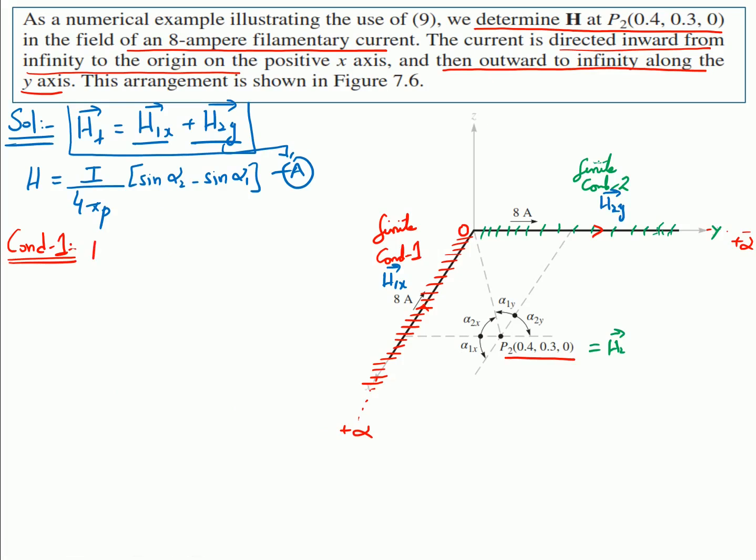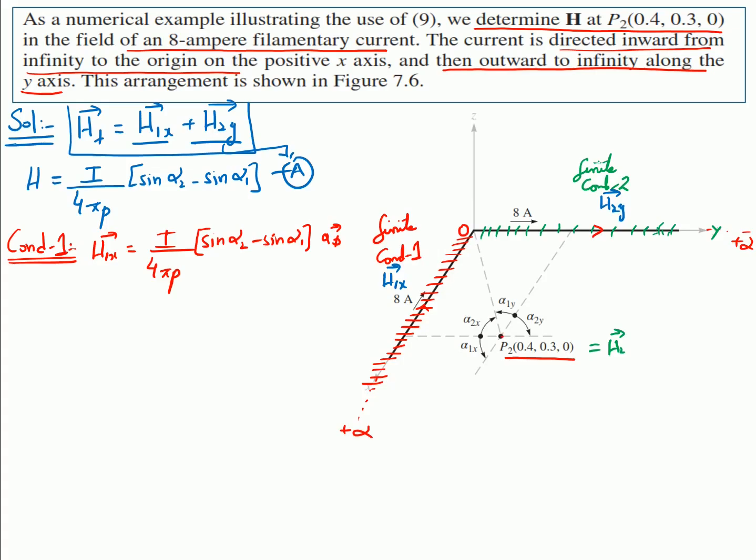So my equation will be h1 of x is equal to I divided by 4 pi rho, times sine of alpha 2 minus sine of alpha 1, and this should be along a5, but we will also confirm it as well. In order to find this, let us see what angles are given to us.